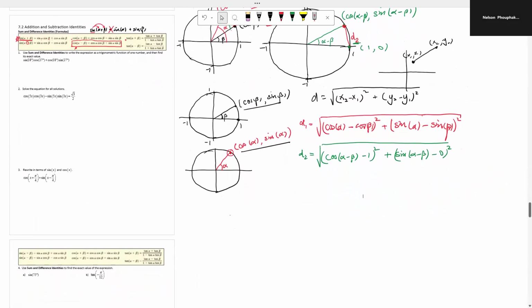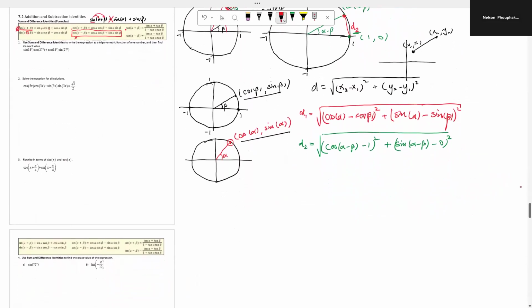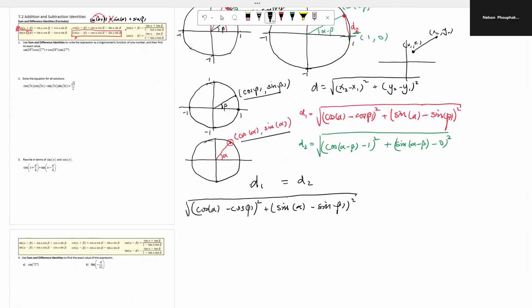Since d sub 1 and d sub 2 are the same, d sub 1 equals d sub 2. So I will have the square root of cosine alpha minus cosine beta to the square plus sine alpha minus sine beta to the square equal to the square root of cosine of alpha minus beta minus 1 to the square plus sine of alpha minus beta minus 0 to the square.